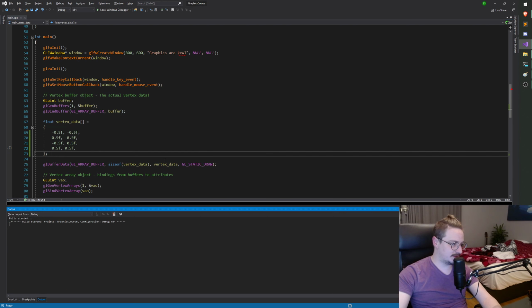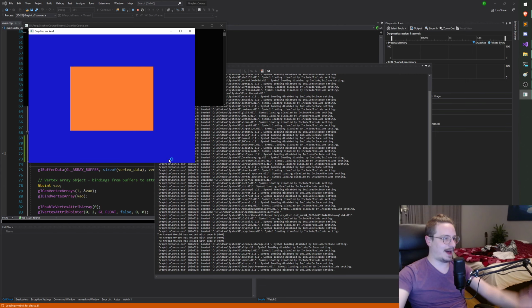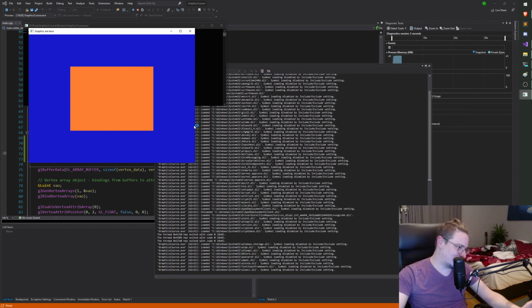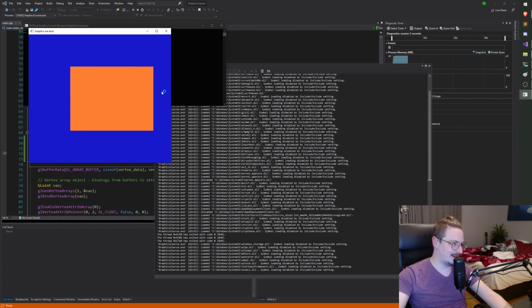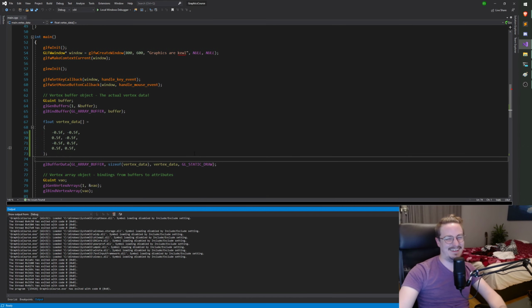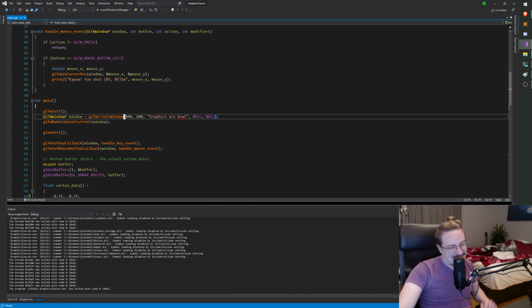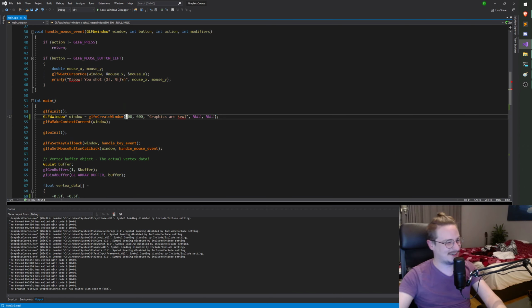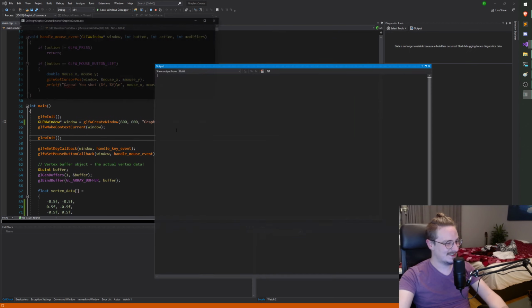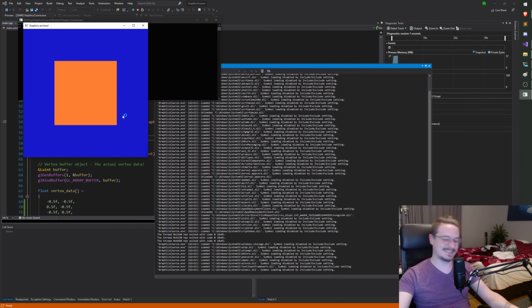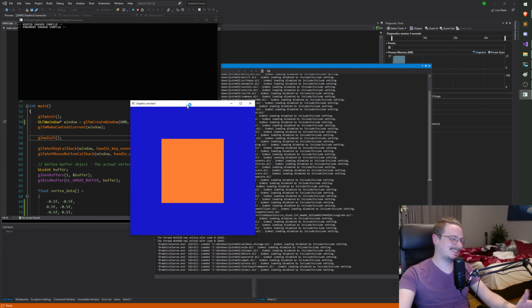And let's run it and see. Okay, it's a rectangle, but it's a square. Rectangles are basically squares. Okay, guys, don't quote me on that. But let's see if I pick the resolution 600. There we go. It's a square.